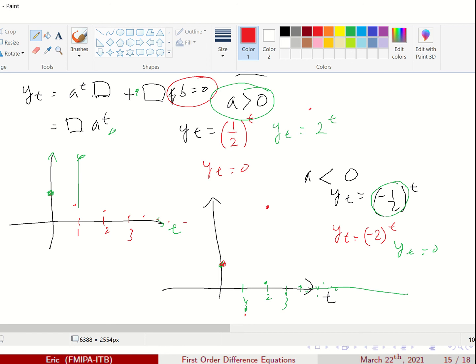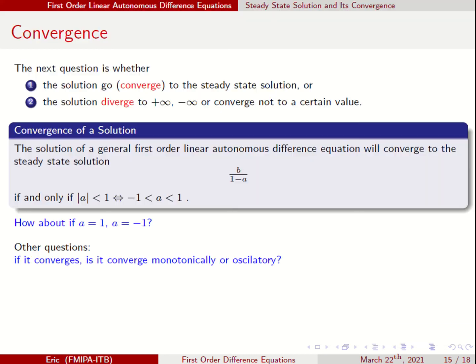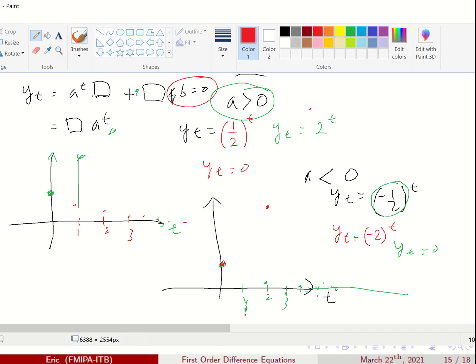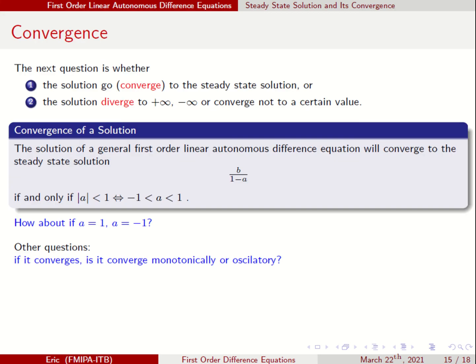So if your a is greater than 0, then you have a monotone sequence. It will increase or decrease monotonically. It will converge or diverge monotonically. But if a is less than 0, you can have converge oscillatory or diverge oscillatory.